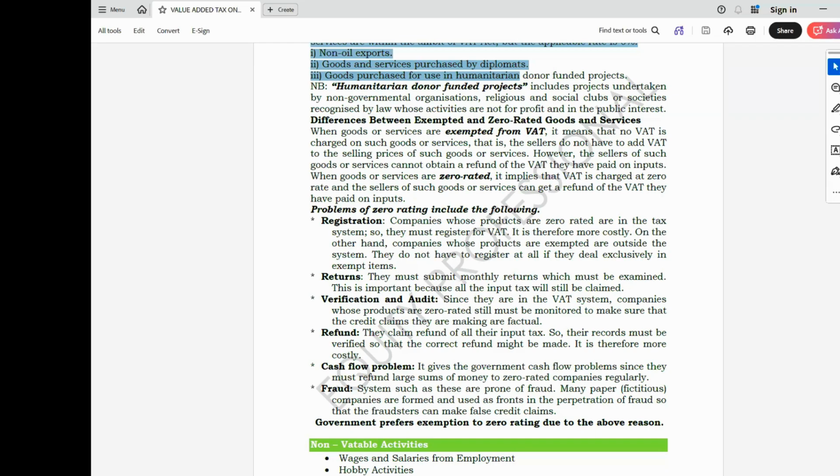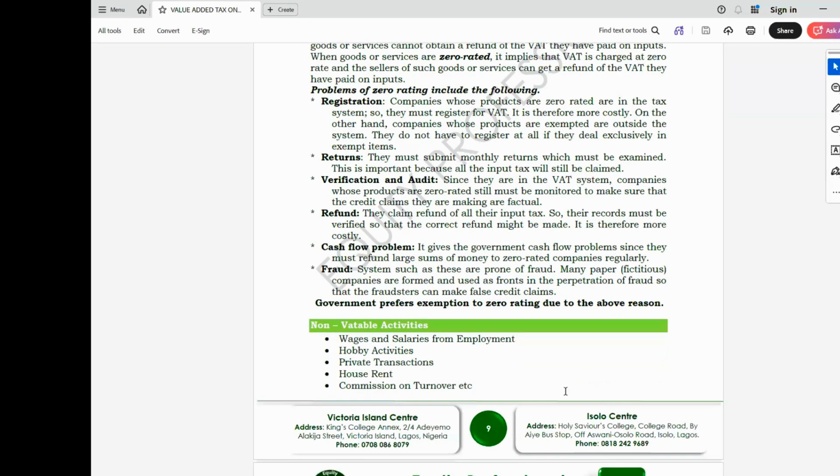Then we also have some items that are non-vatable activity. Like as I said earlier, your wages and salary from your employment, you cannot charge VAT on. So the only tax that can be charged on your wages and salary is your PAYE, your personal income tax.